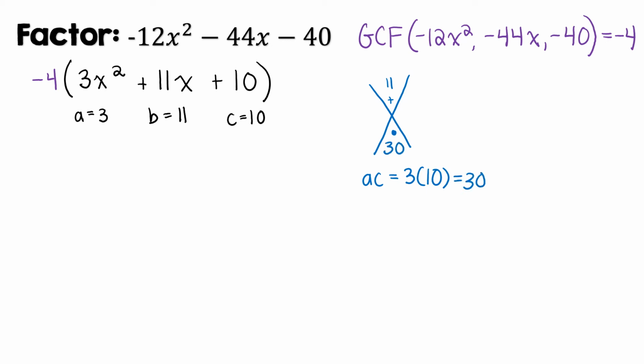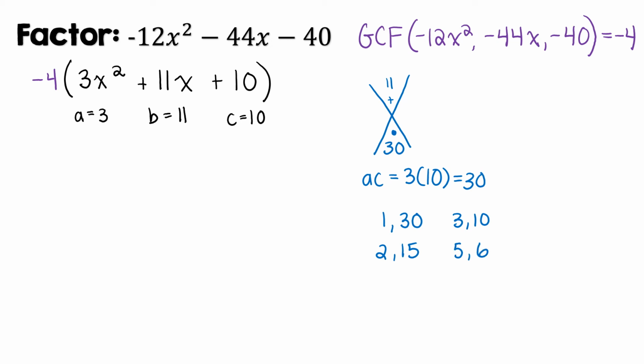We'll start by listing factor pairs for 30. So we could have 1 and 30, 2 and 15, 3 and 10, or 5 and 6.